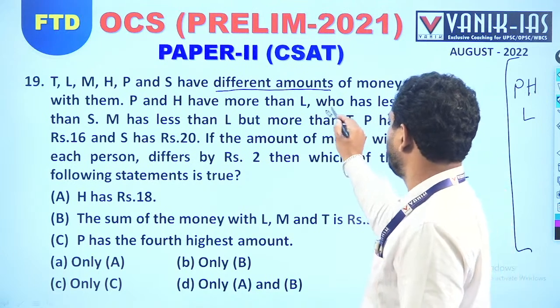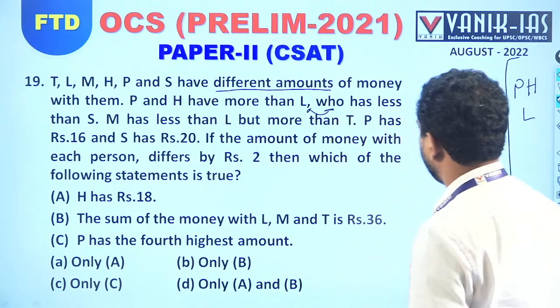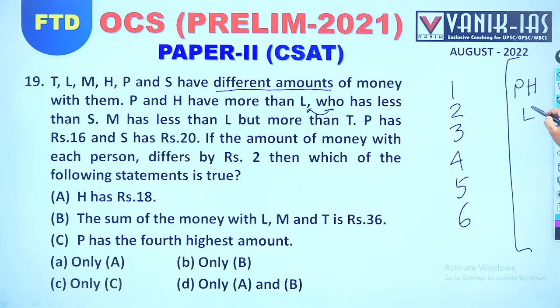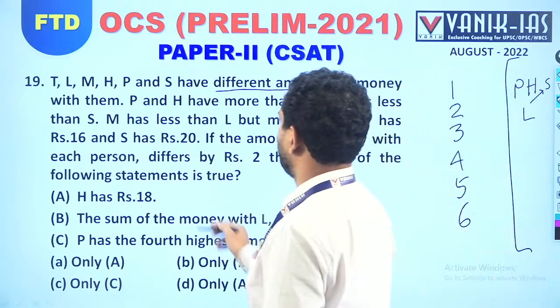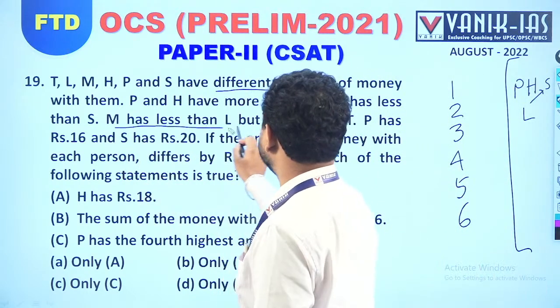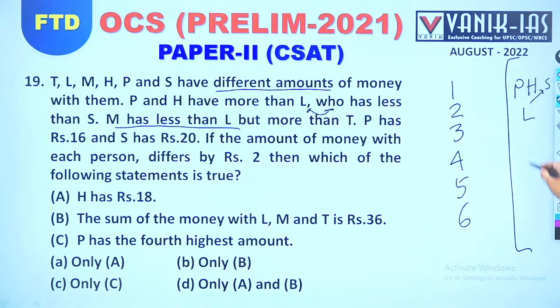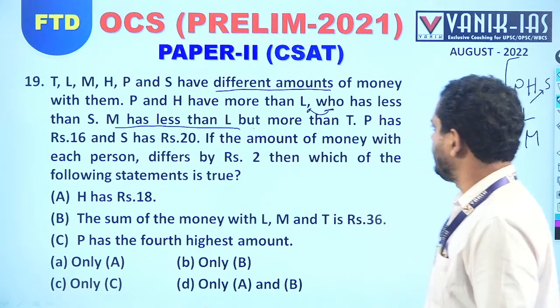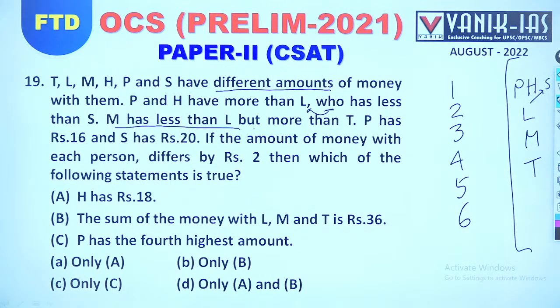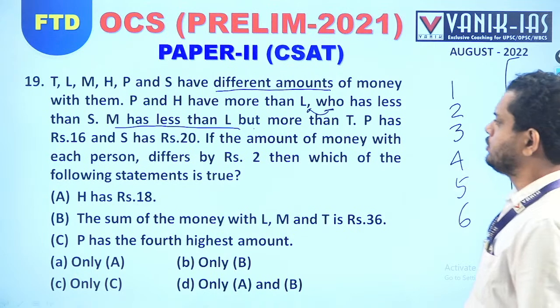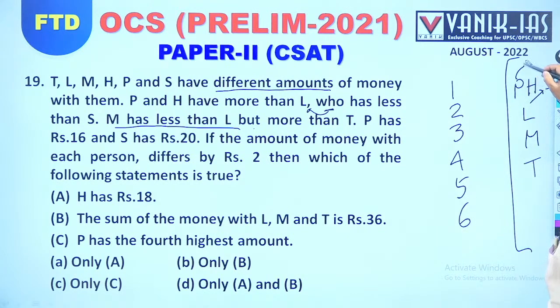Of course, then L is less than S, it means S will be more than L. M is less than L, but more than T, means M more than T. P has rupees 16.